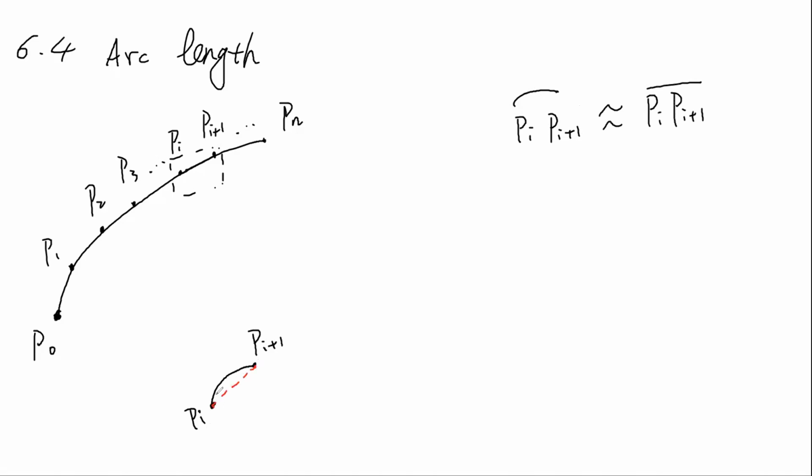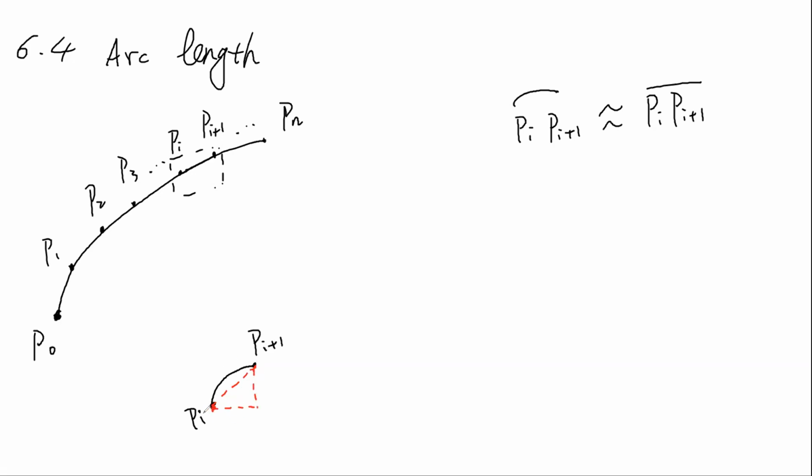So we claim that if the subarc is short enough, then the red dashed line is approximately the same as the black curve, or the black arc.